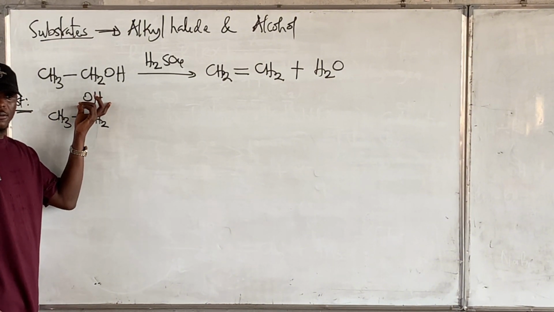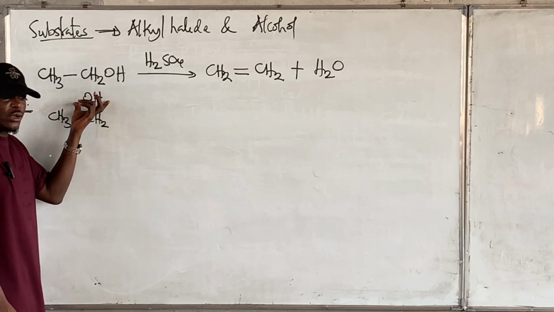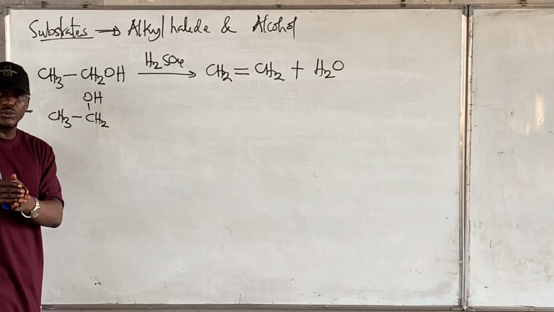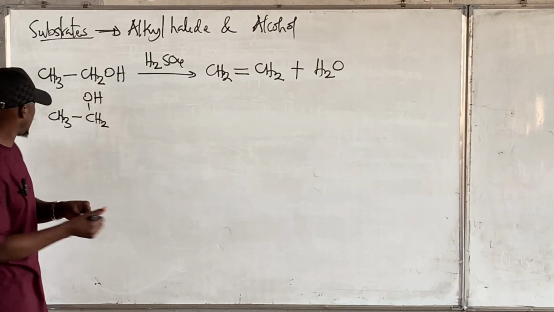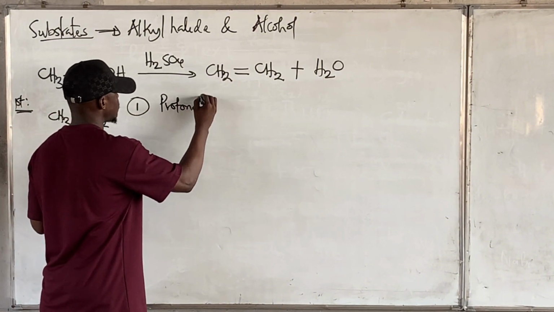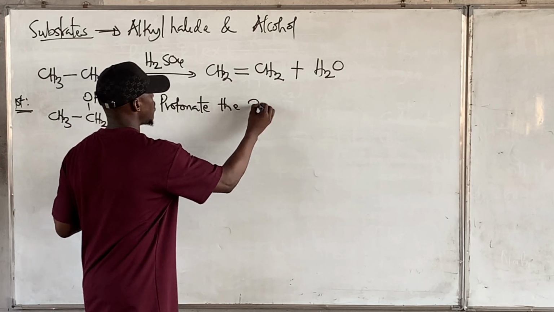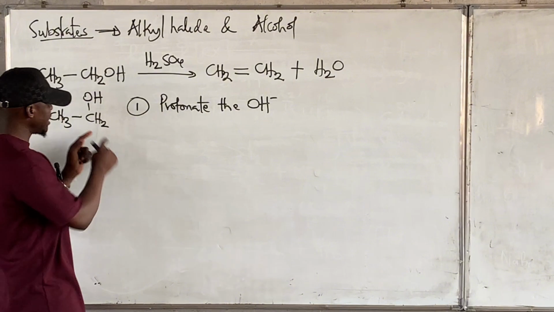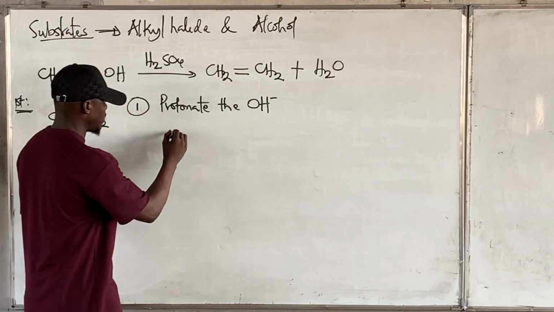So I need to do something to this OH to convert it from a poor leaving group to a good leaving group. So what I'm going to do here, step 1, protonate the OH. That is the work of this H2SO4. Protonate this OH.